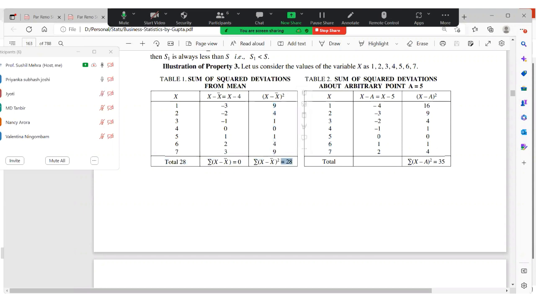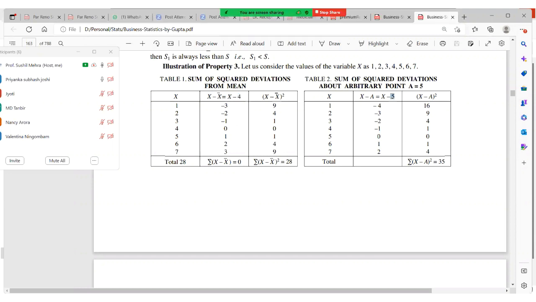Now, take a number other than the mean, any number either less or more than the mean. Let me take 5, right? 1 minus 5 is minus 4, 2 minus 5 is minus 3, and so on. Square these numbers: 16, 9, 4, and all. The total comes to 35, right?